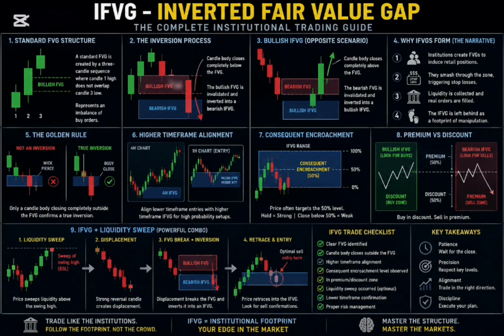setup. The combination of a liquidity sweep and an immediate inversion shows massive institutional intent. It proves that the institutions have swept the market and are now violently reversing the trend. This is the exact setup that leads to those massive green expansion candles on your chart.